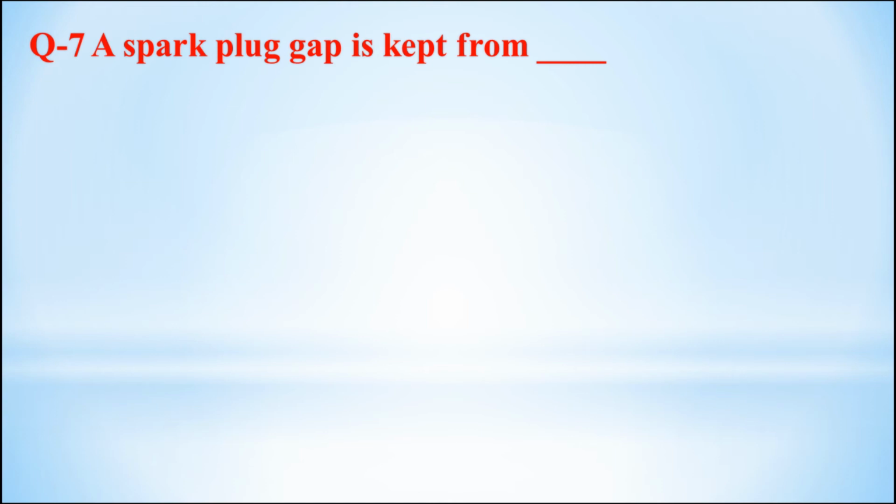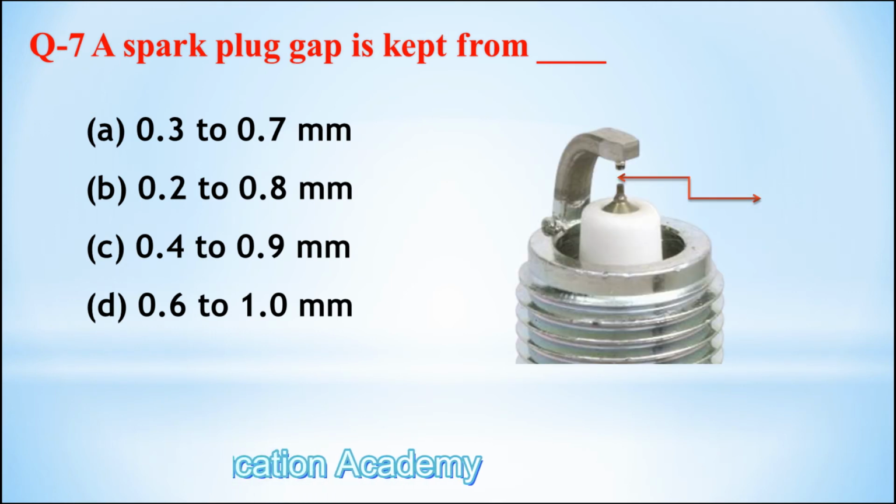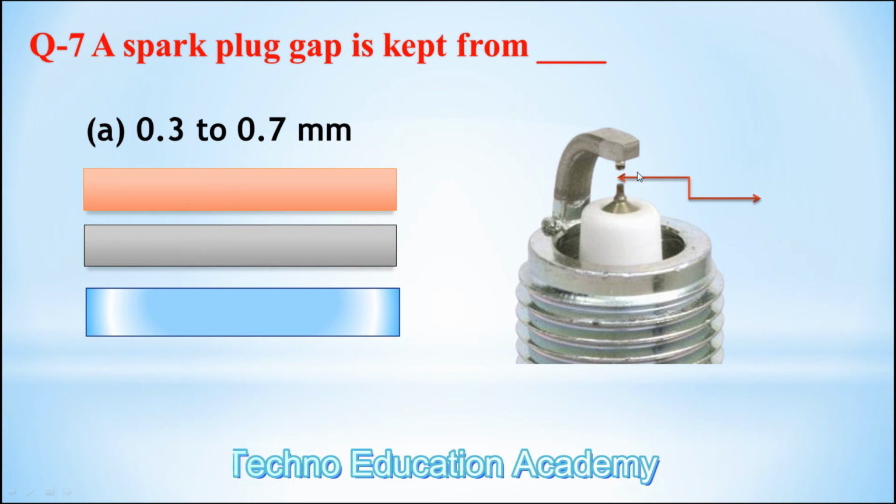A spark plug gap is kept from: option A, 0.3 to 0.7 mm; option B, 0.2 to 0.8 mm; option C, 0.4 to 0.9 mm; option D, 0.6 to 1 mm. The spark plug gap is generally kept 0.3 to 0.7 mm, and this is the spark gap, as you can see through this arrow.